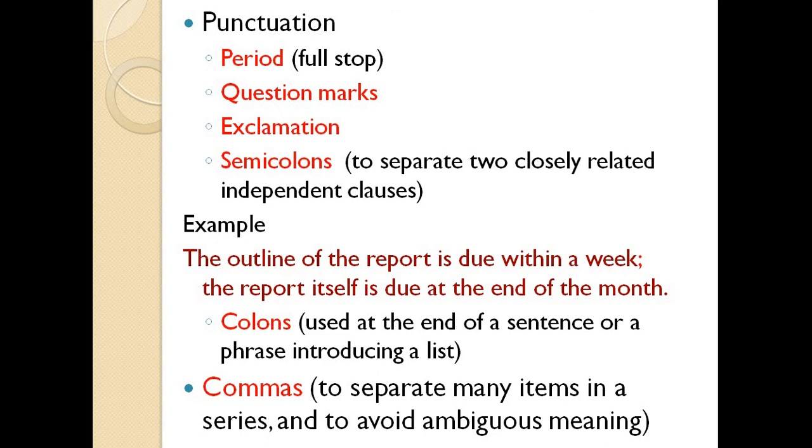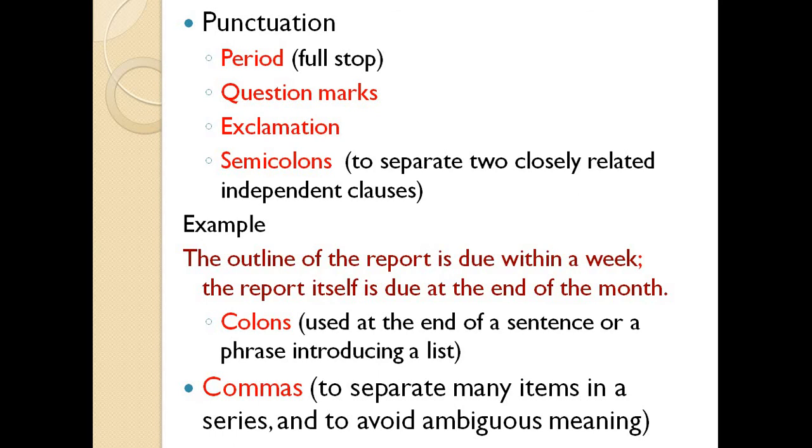Next, colons. You will use colons at the end of a sentence or a phrase introducing a list. So if you want to say these are the following members who were involved, then you put in a colon and then you start listing out the members.